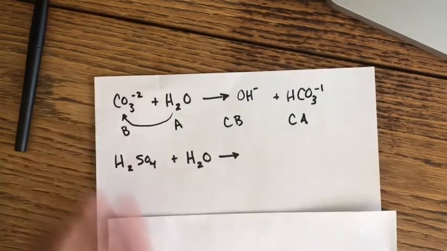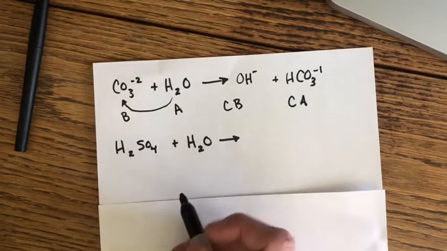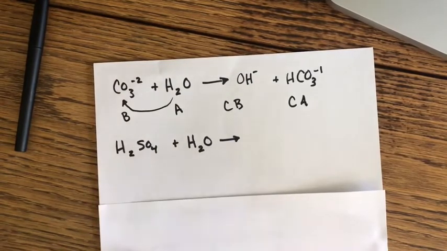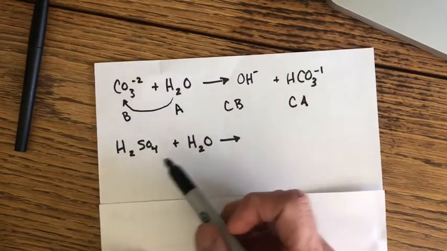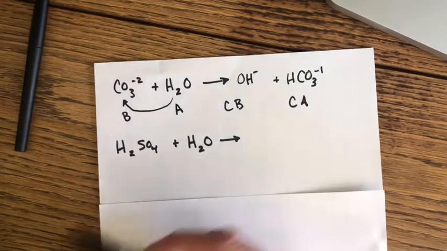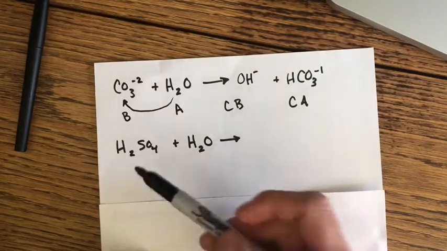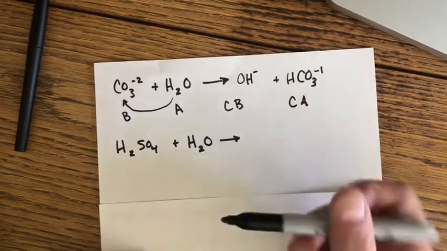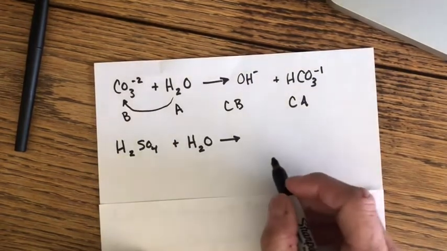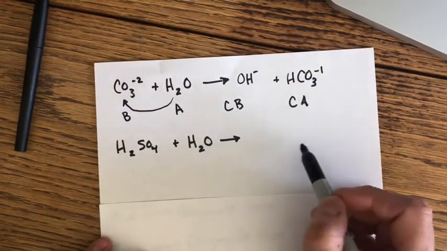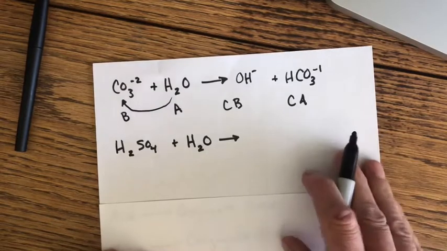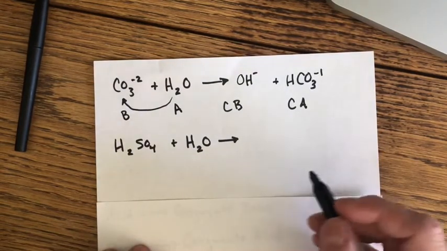Okay. One more, here's H2SO4 and H2O. Here you can't really tell by looking at the formulas what is the acid and what is the base. H2SO4 is typically an acid, but it doesn't have to be, and I'll show you a couple of examples of how that is the case. Many times you have to see the products of the reaction to determine which was the base and which was the acid.